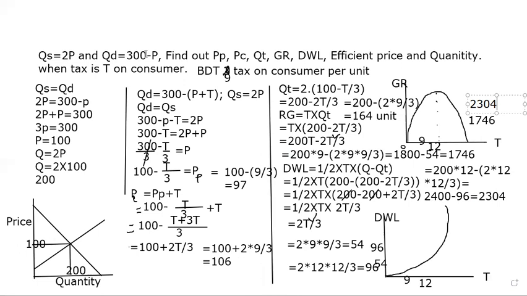So right now you can draw a graph here. This is for quantity. For this value, our quantity is 64 units right now, due to imposition of taxes. So this will not be our quantity.